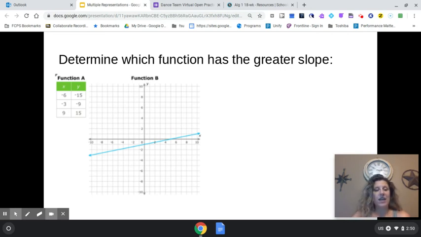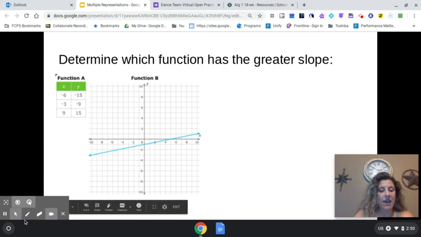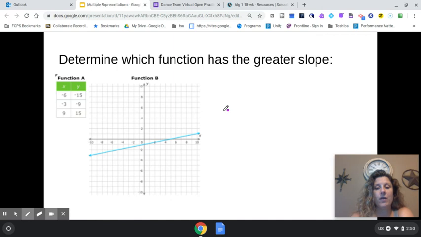So in function A, I'm going to find slope by using the slope formula. Y2 minus y1 over x2 minus x1. In this particular example, I'm actually given 3 points for x and y.